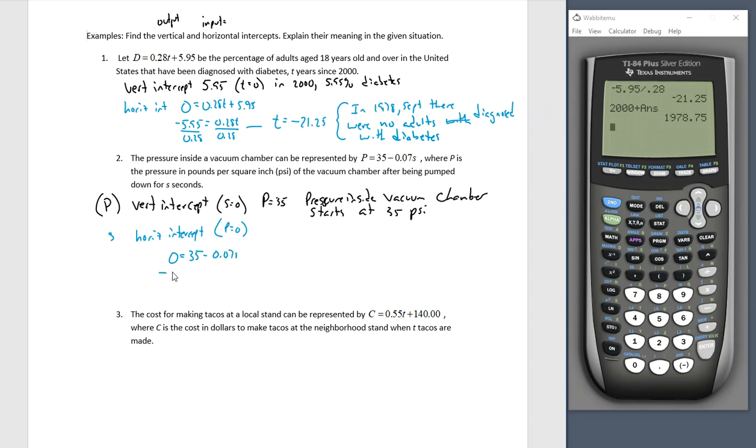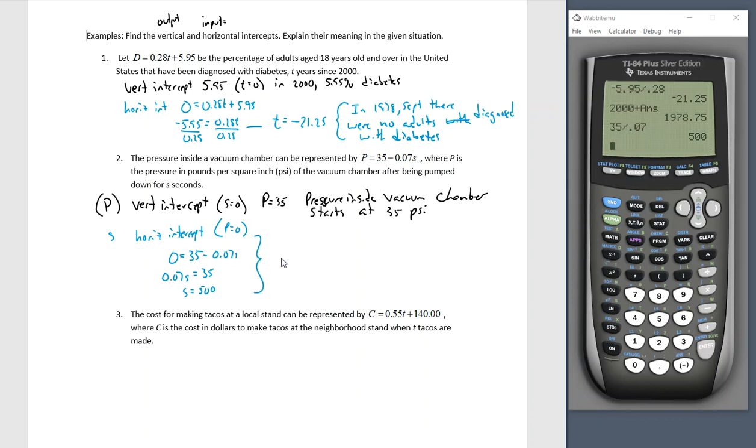So I'm going to subtract 35 from both sides. No, I'm not. Let's not be negative. Let's instead add 0.07 S to both sides. When we divide by 0.07, so that's 35 divided by 0.07, we get 500. And what does this mean?